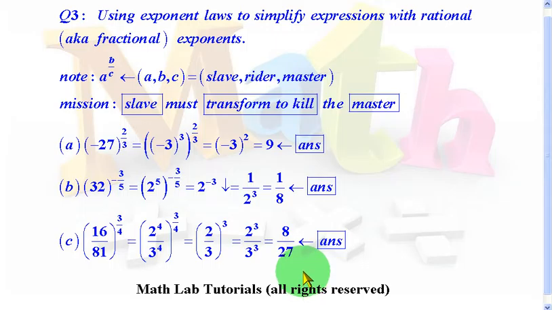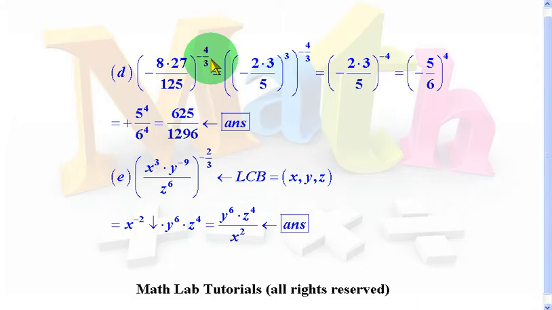Let's go on to the next slide. More practice with what I call master-slave problems. So we have bracket minus 8 dot 27 over 125 to the power minus 4 over 3. We identify the slave as this mess inside the brackets. And of course, if we were to multiply 8 times 27, we'd get a natural number on top.